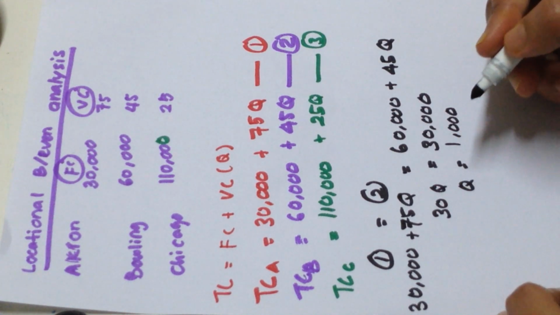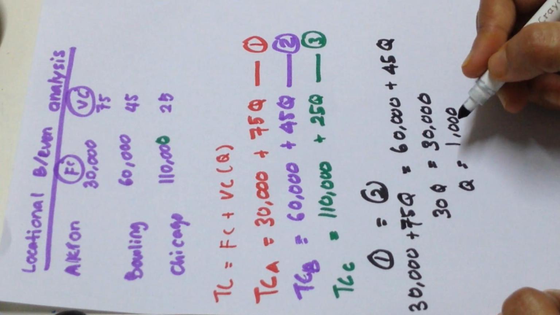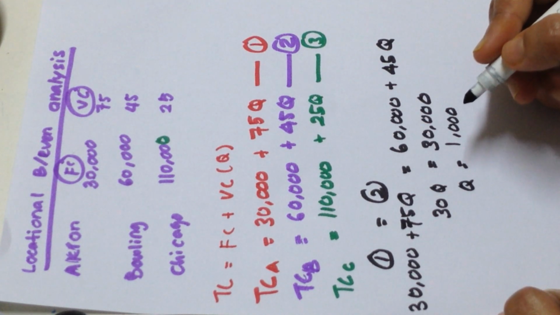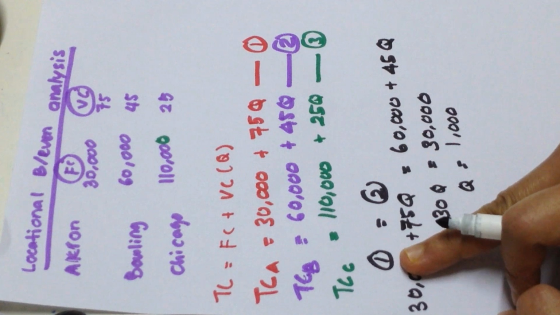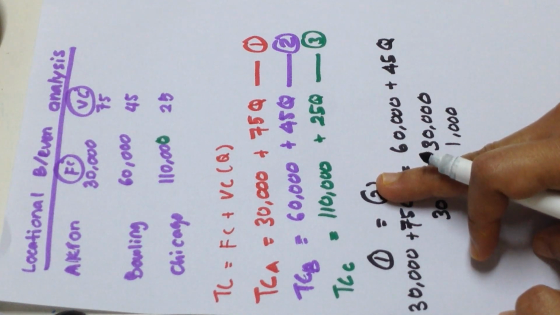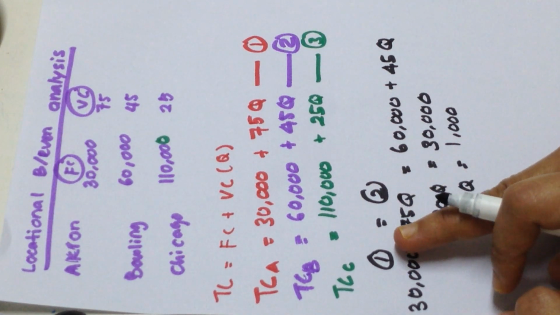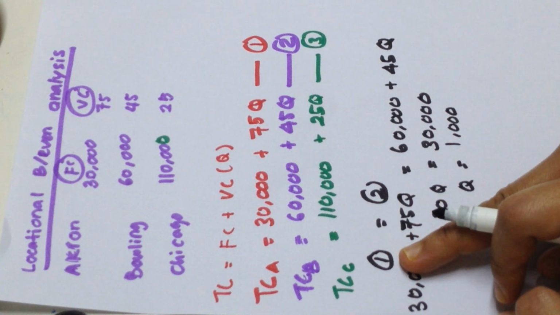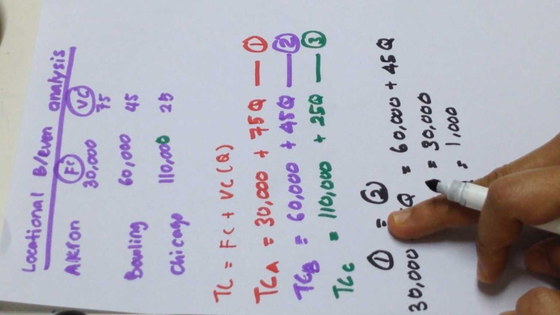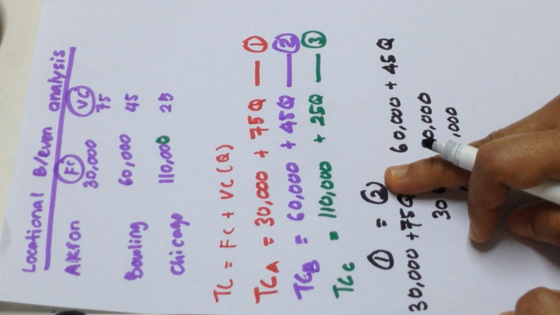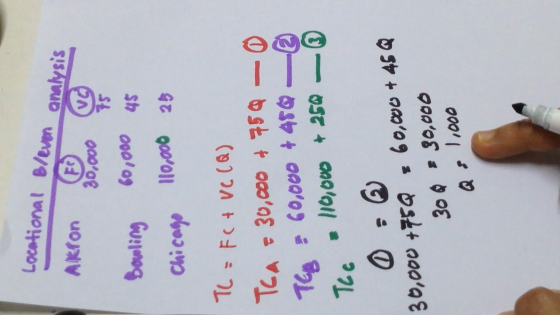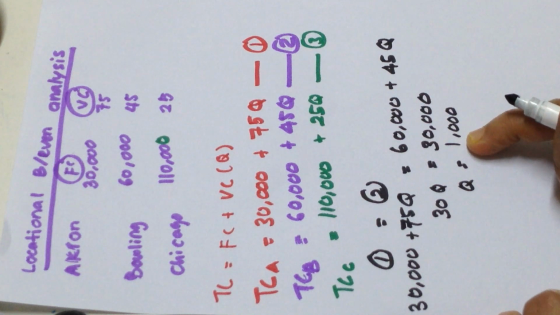Alright, this is for equation 1 equal to equation 2. So total cost for A, Akron, will intersect total cost B, Bowling Green, at quantity 1,000.